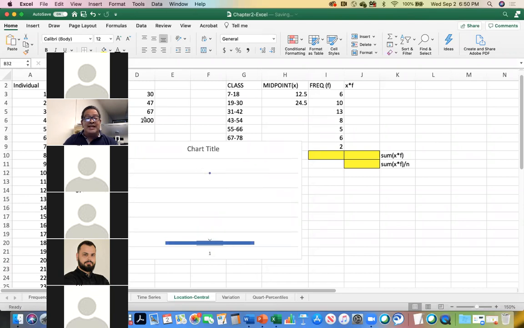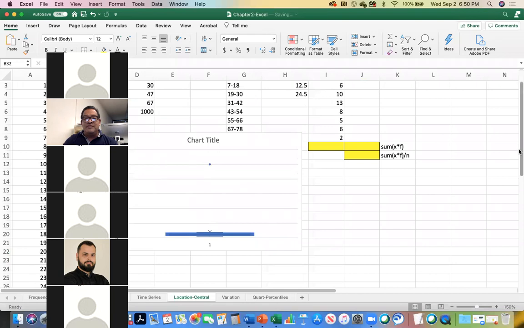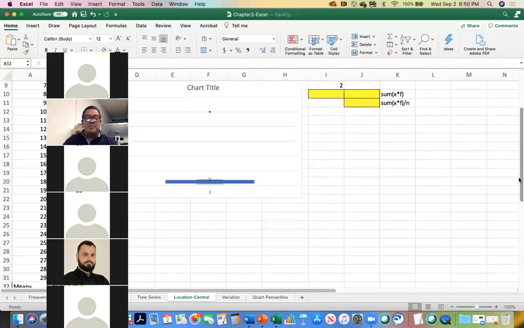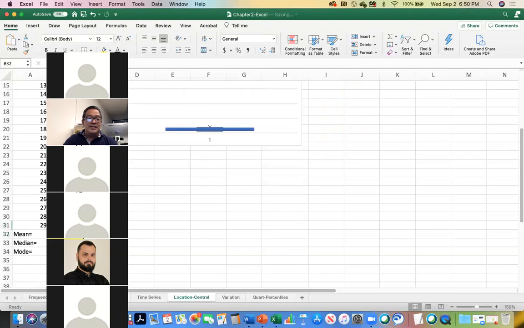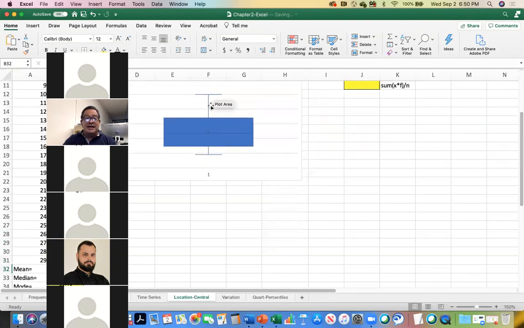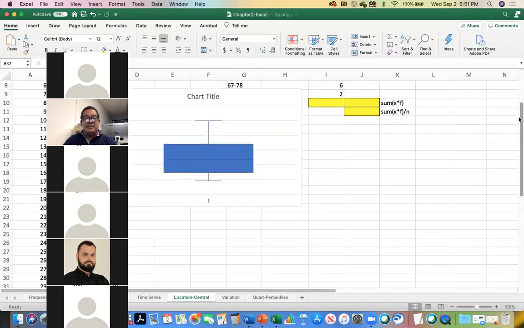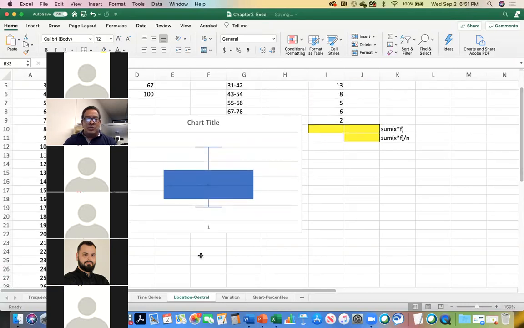It seems that there is a number that doesn't fit. Well, the question is, is it true that a person lived for 1,000 years? Probably I made a mistake, and instead of saying 100, I said 1,000. I mistyped my data. We can still see that this whisker is a little bit longer than the other one, right? So the highest value probably might be an outlier. That's what we can say.